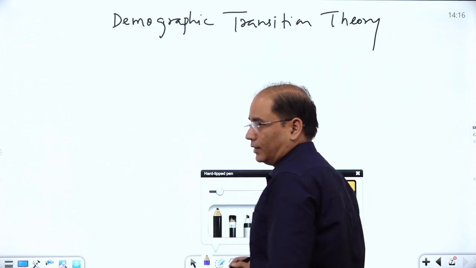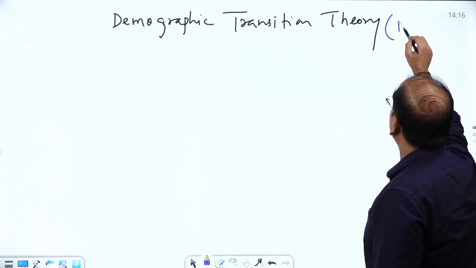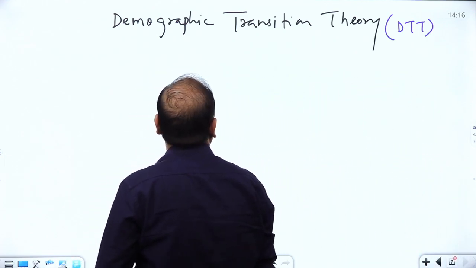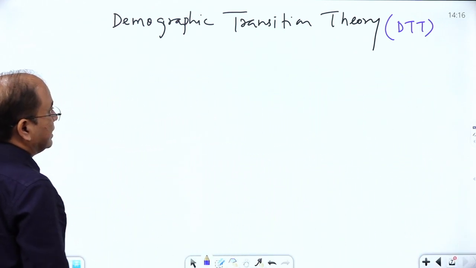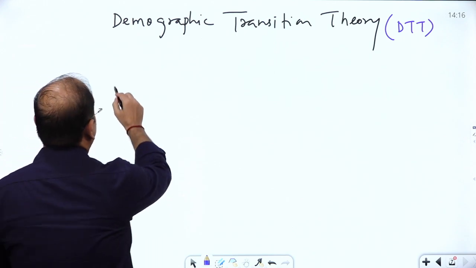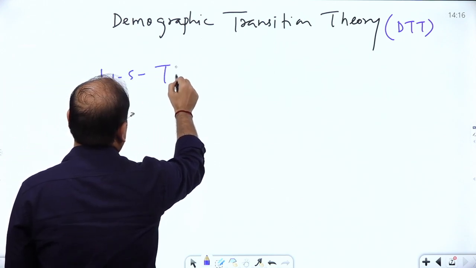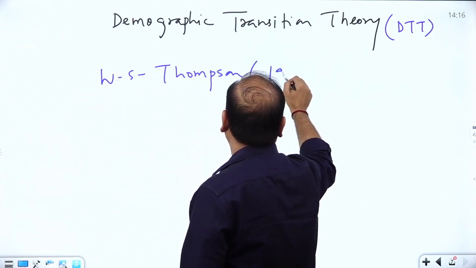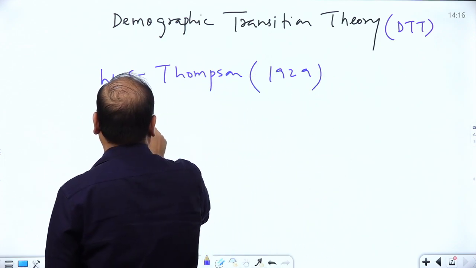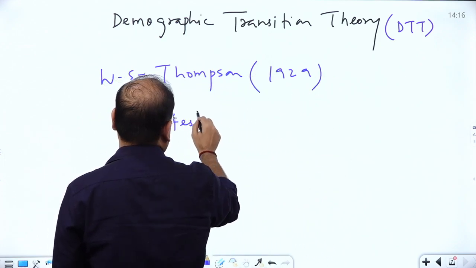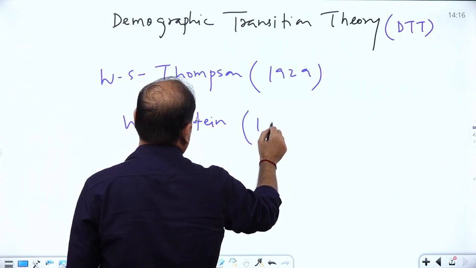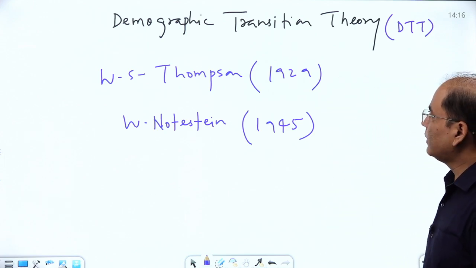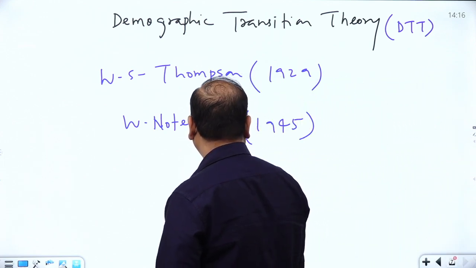Demographic transition theory, that is DTT. Now this demographic transition theory, this DTT, has been given by W.S. Thompson in 1929 and then W. Notestein, that is 1945.